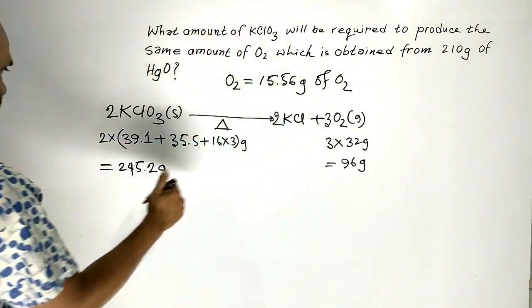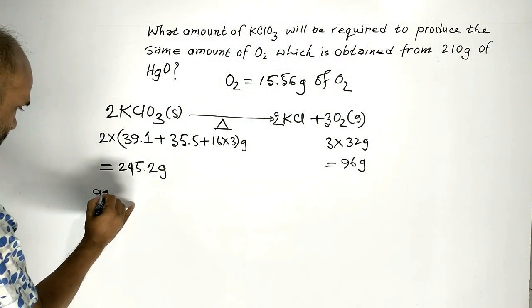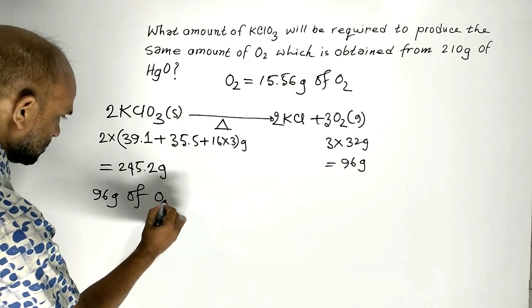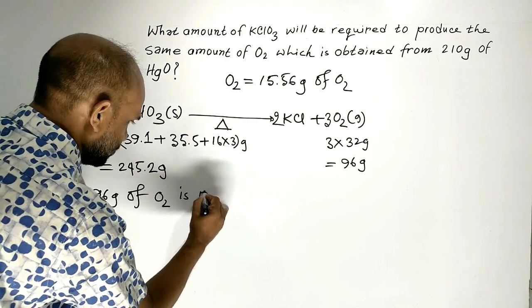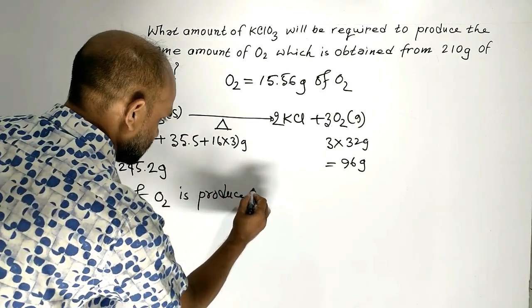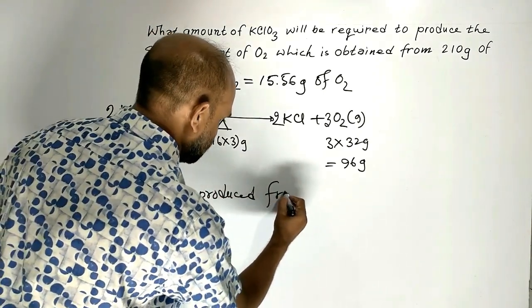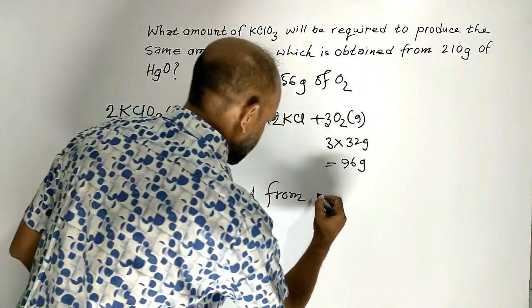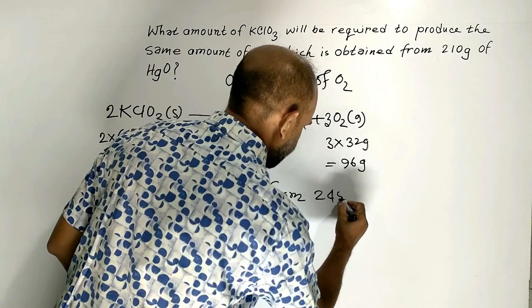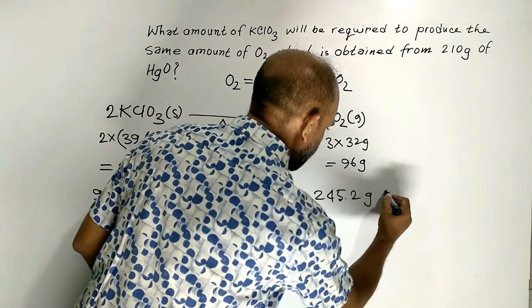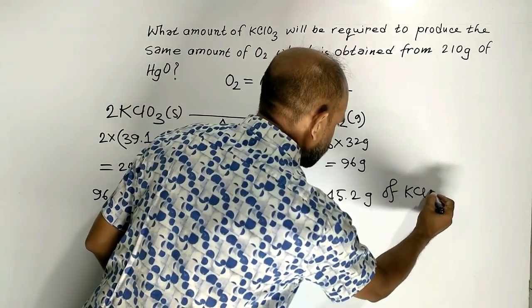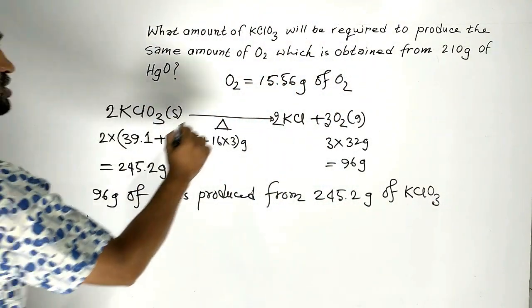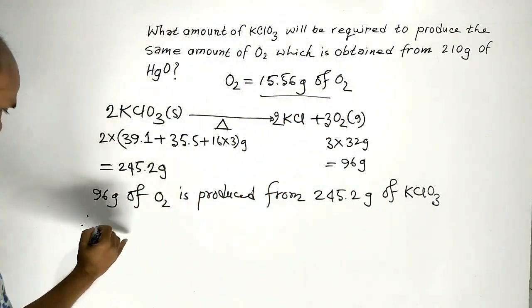Here we can write: 96 gram of oxygen is produced from 245.2 gram of potassium chlorate.